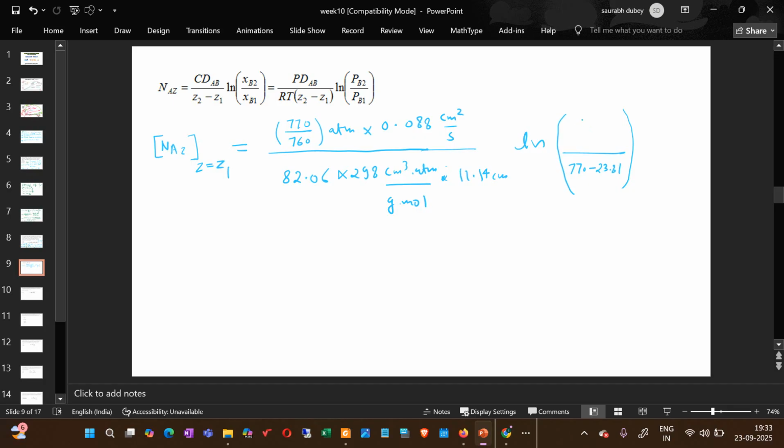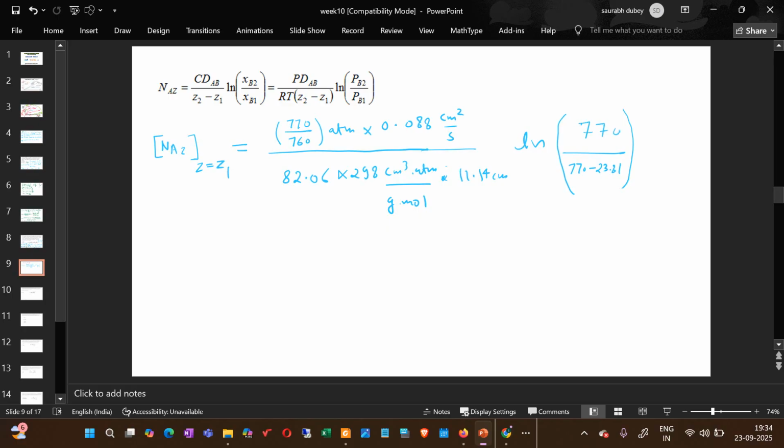And at another end there will be no V2 because there V is 0. So if you write it in terms of V2 only, then whatever pressure is there, it is the pressure, right?